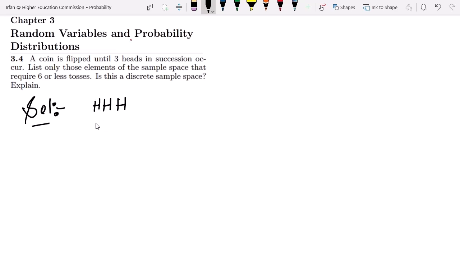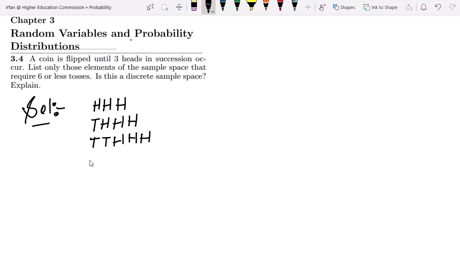There is also a second possibility that first we get tail, then heads, heads, heads. This is 4 tosses, which is less than 6. Again there is a possibility that we would get first tails, then heads, heads and heads. Here we can see that we have 3 tosses which result in 3 successive heads.